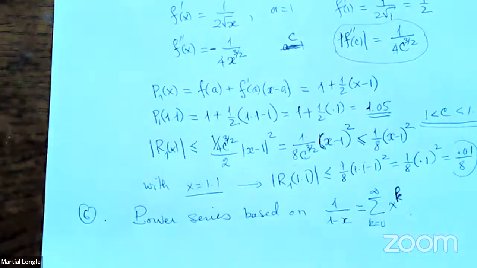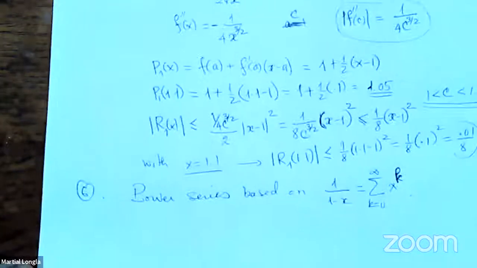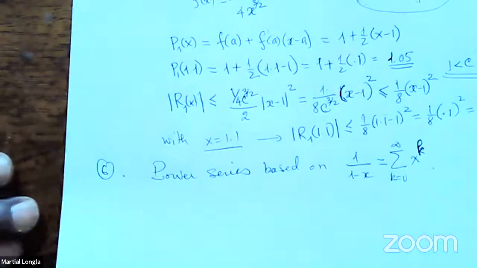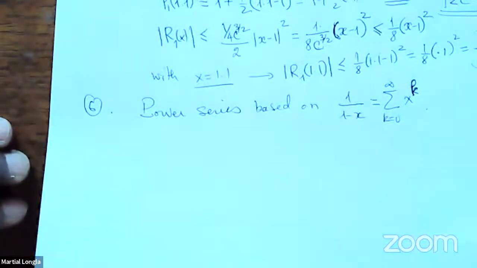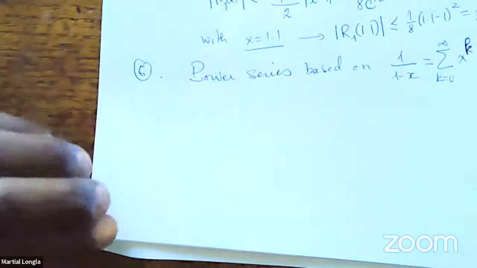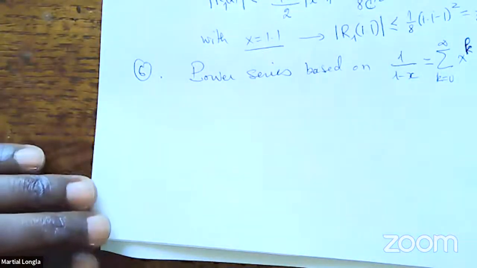Power series that are related to this. That will be the last question here. So, the last topic. So that's about 6 topics, as you can see on this review, that are on your test. You need to use this review to prepare for your test. All the topics are on it.